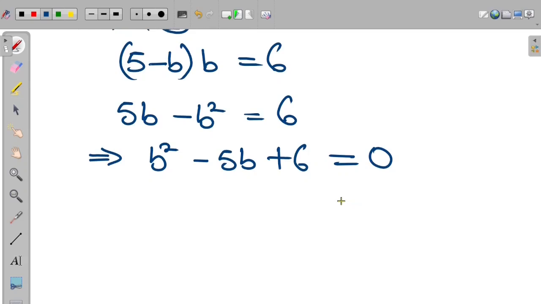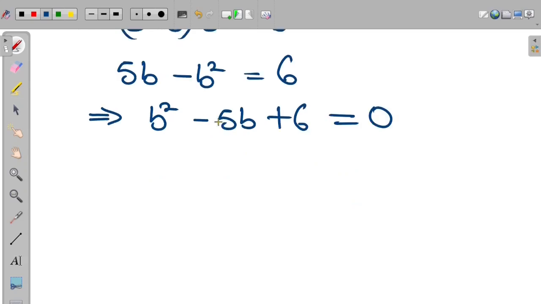Now at this point, we have obtained a quadratic equation in terms of B. To obtain the values of B, we are going to use the factorization method. I will look for two integers whose sum is equal to -5 and whose product is equal to 6. The two integers are -2 and -3.